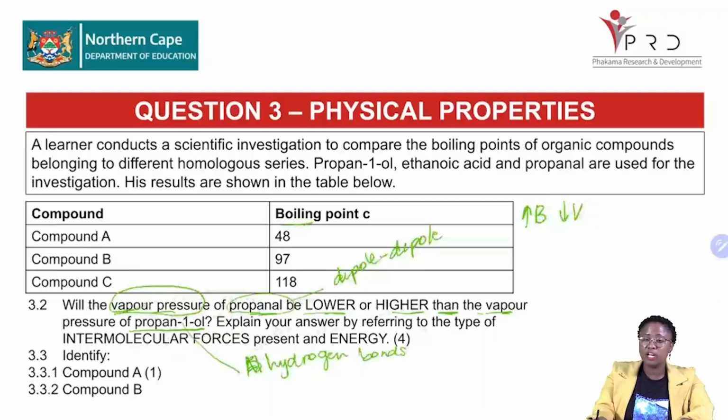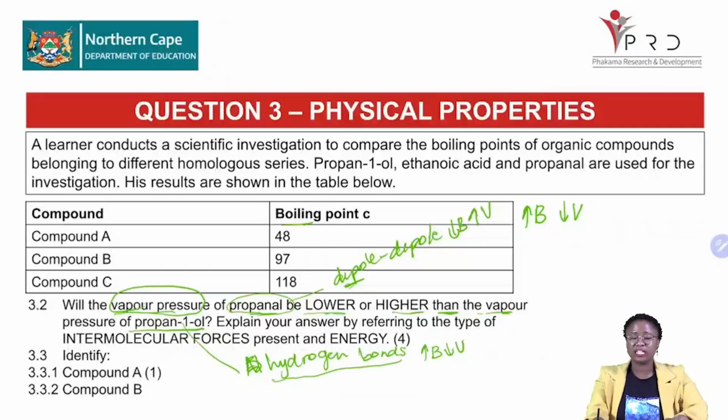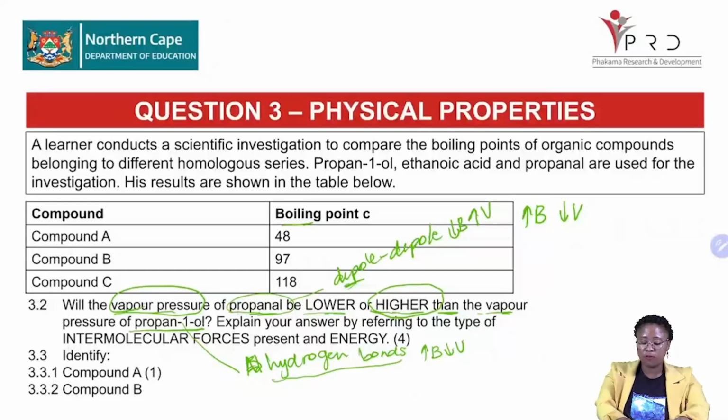Now that I know which intermolecular forces are present, I then say which one has a stronger intermolecular force. So the stronger the intermolecular force, the higher the boiling point, the lower the vapor pressure. The weaker the intermolecular force, the lower the boiling point, the higher the vapor pressure. So I already know that my answer is going to be higher than, because the vapor pressure of propanol will be higher than that of propan-1-ol.